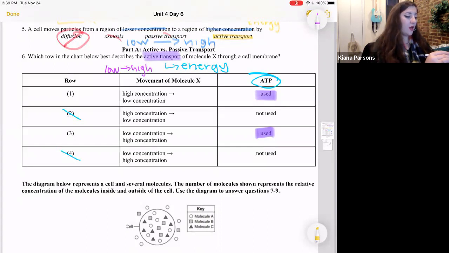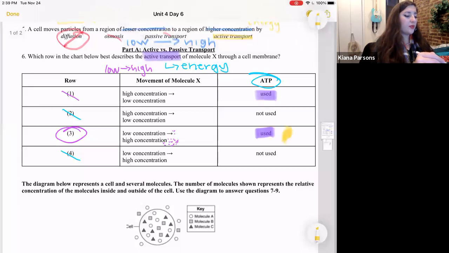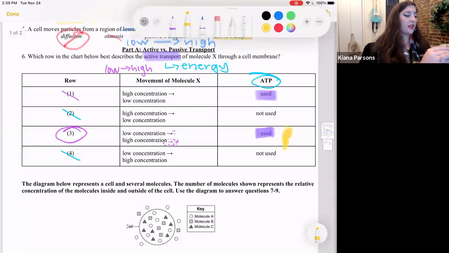We can eliminate 1, and row number 3 is our answer. So if we're talking about active transport, the molecules are going to be going from low concentration to higher concentration, and energy will be used. Well, that does not look anything like a lightning bolt. Hold on.